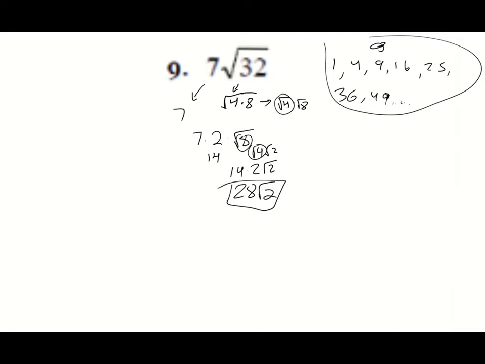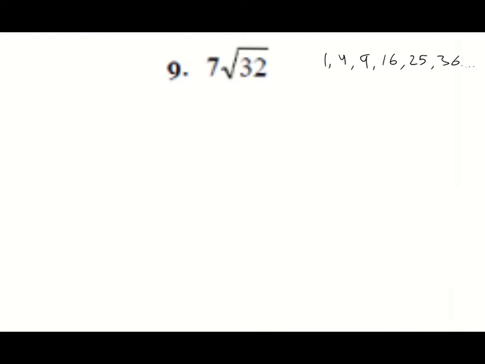But I'm going to quickly show a better way to do it. A better way to do it would be to take the largest perfect square that is a factor of 32. Namely, 16 can be multiplied by something to make 32. So that's larger than 4, and it's going to make our lives easier. This 7 is still just going to chill, but the square root of 32 can be broken up into the square root of 16 and the square root of 2.